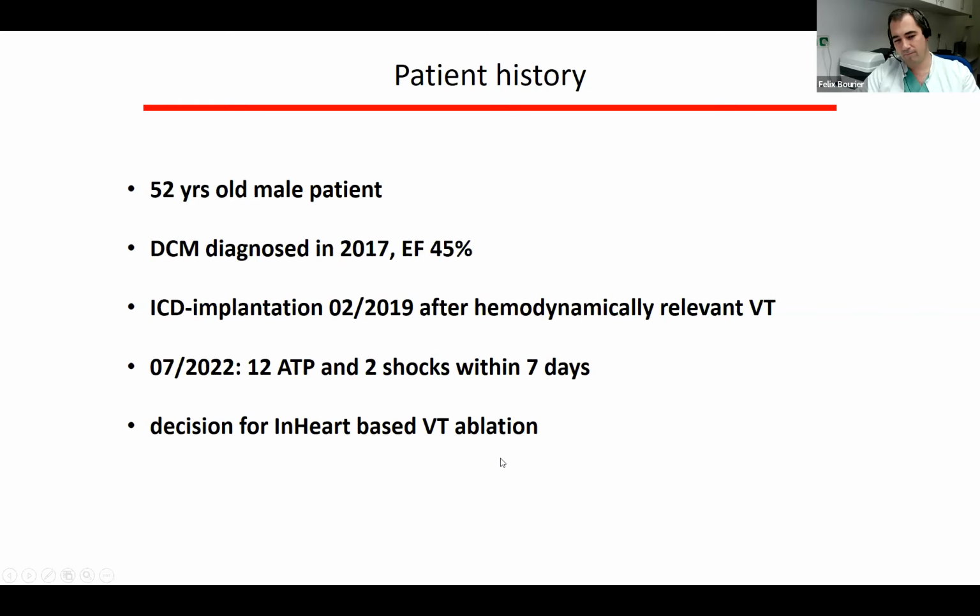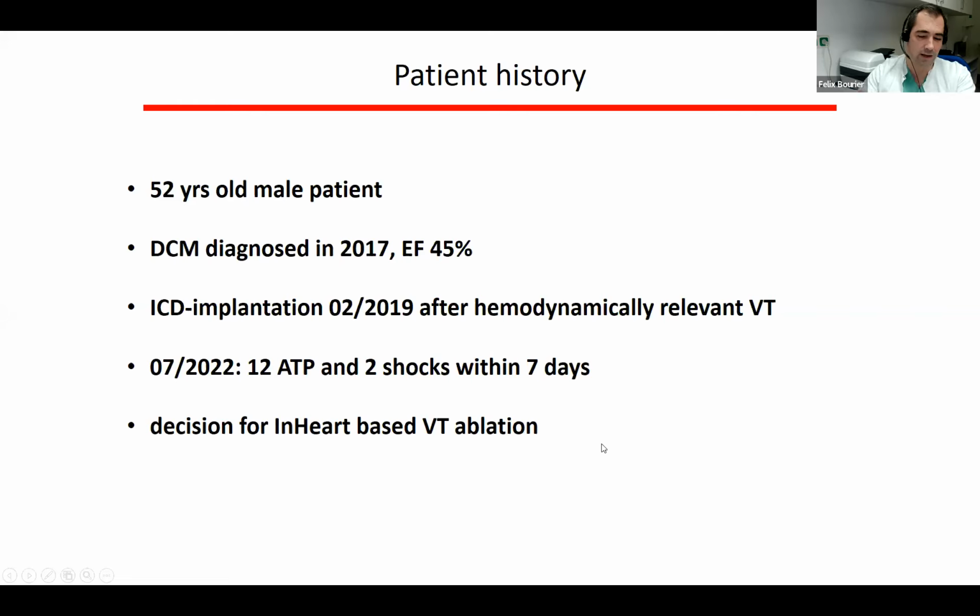Three years later, in July 2022, he experienced several ICD therapies within 1 week. With this kind of VT storm, he was referred to our center, and we decided to take him to the cath lab and perform VT ablation.